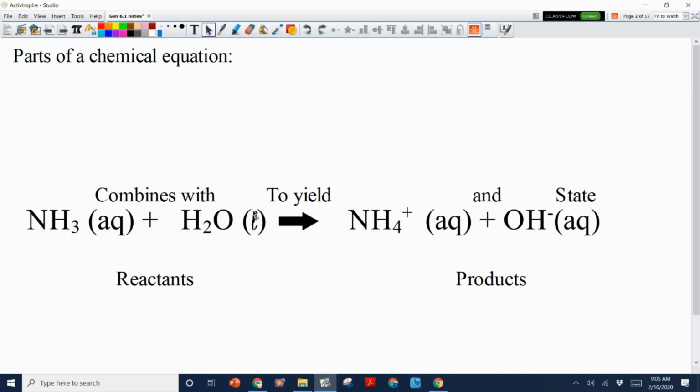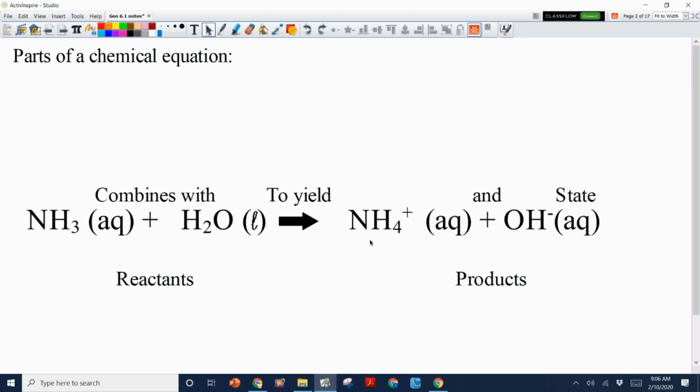And here we see an L. It's a cursive L because sometimes when you write an L in Times New Roman, it looks like a 1. So a lot of times they will put a cursive L like this. That means liquid water. Then you have an arrow, and this arrow is read as "to yield." So ammonia combines with water to yield, or to give, or to produce, NH4+, so that's an ion.